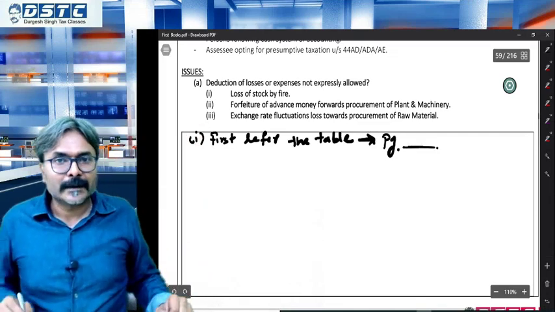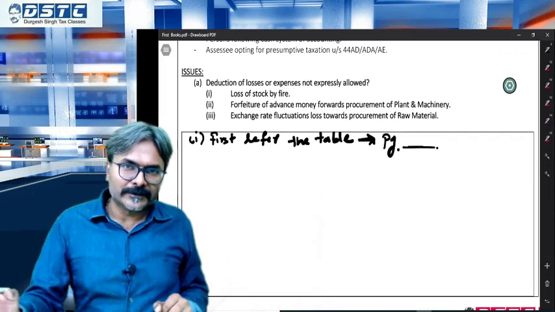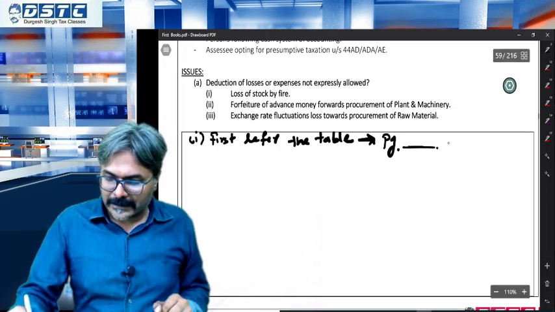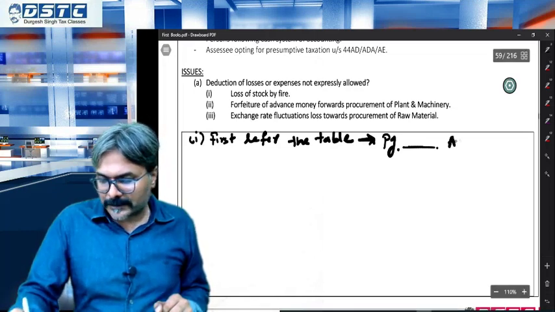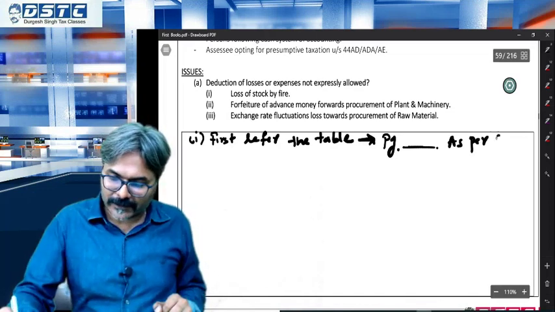Fine. And thereafter continue writing the page wherever you have written that table. Thereafter you will continue writing as per section 145.